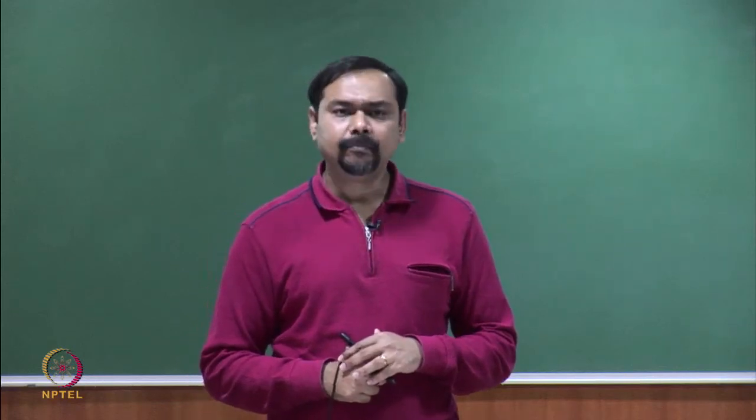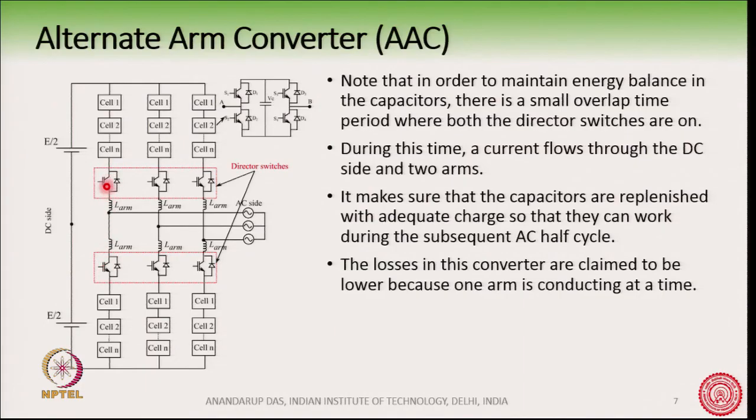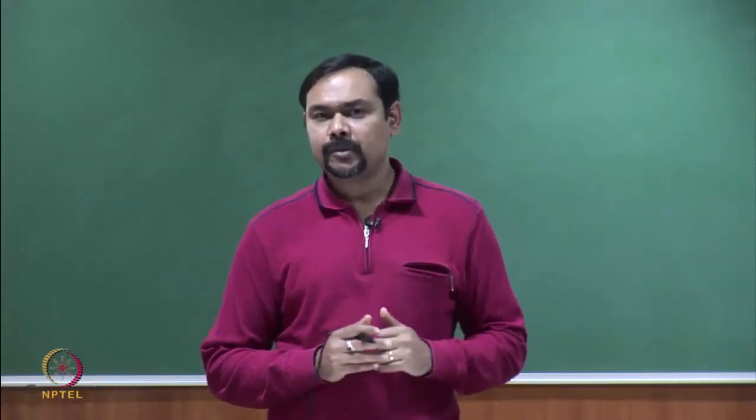During the overlap time, these two switches, for a brief period of time, are turned on, and so the DC will flow through this whole arm and will replenish the capacitor. So, this is an alternate strategy as compared to MMC.